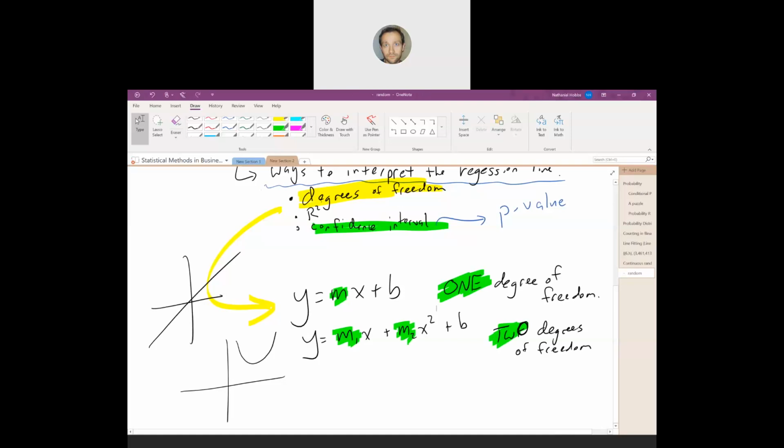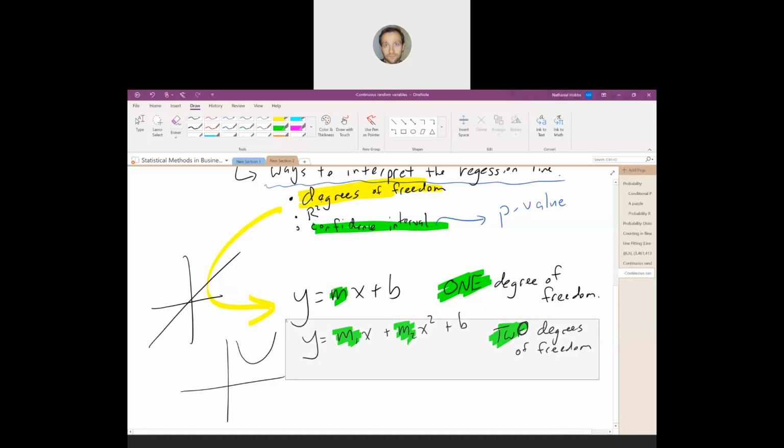And so long as these, the m's, are not squared, not cubed, no square roots, nothing like this, so long as they're just numbers raised to the first power, then that's linear regression.